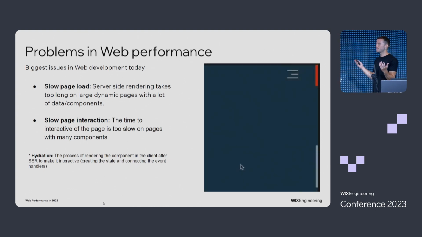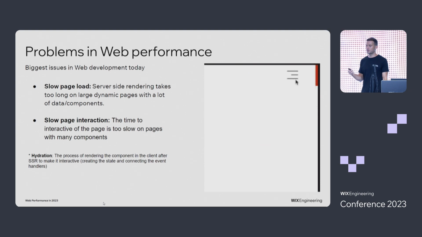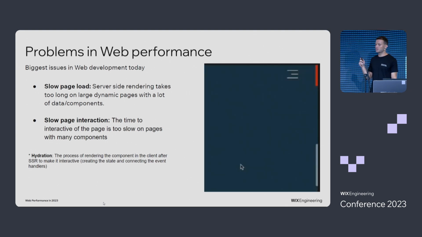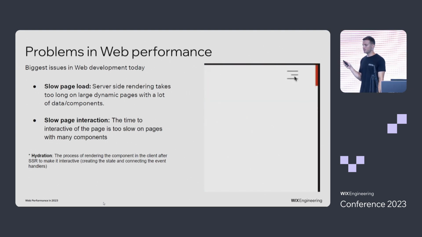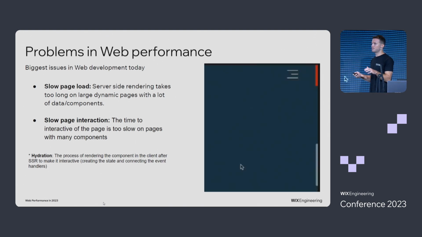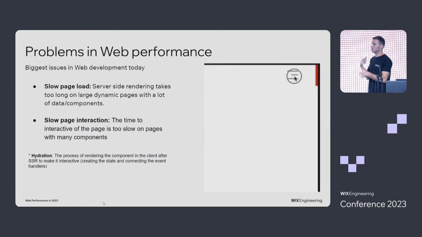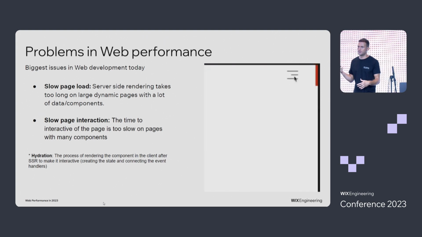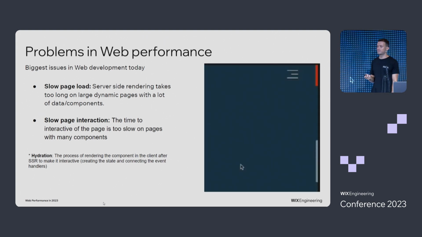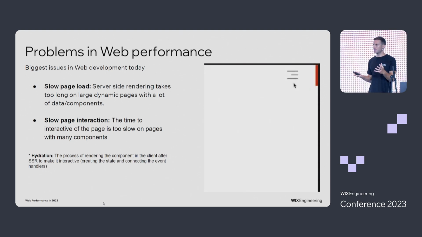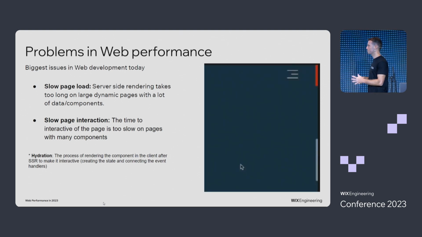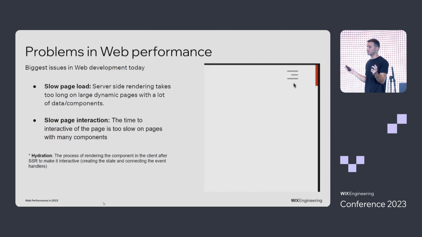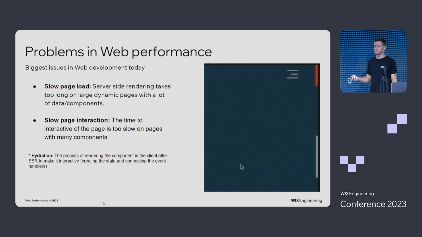By the way, for those of you who don't know, hydration is rendering the component on the client side after server-side rendering. They are visible, but you need to make them interactive, which means you create the state and connect the event handlers. So we have a lot of JavaScript and a lot of components, and we need to do it in one big step, which still takes time.